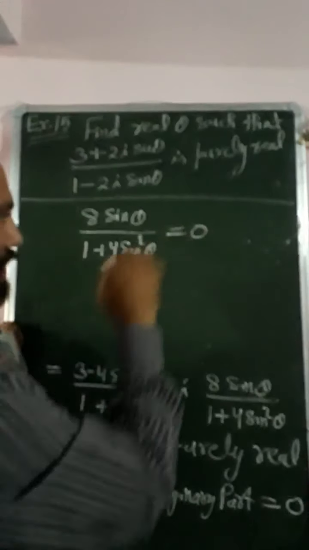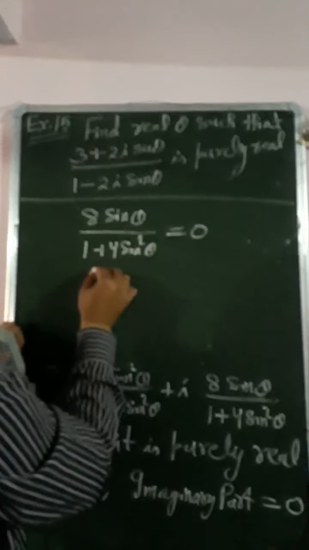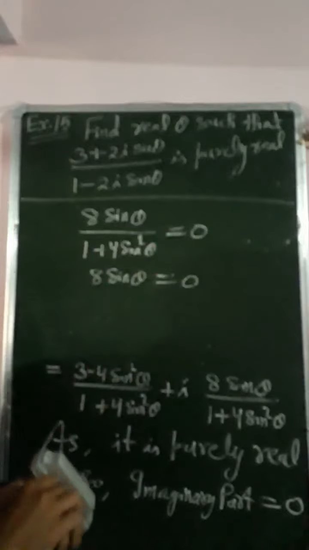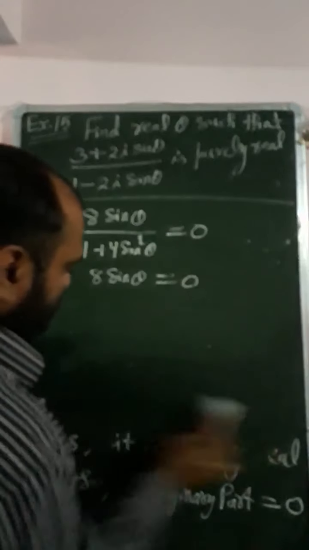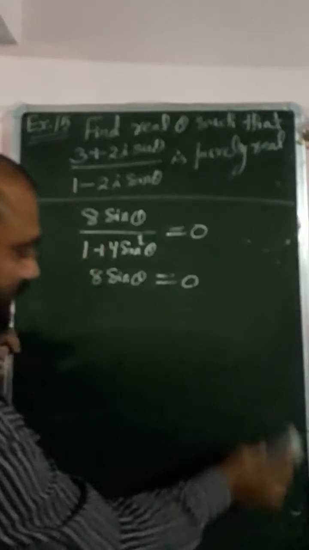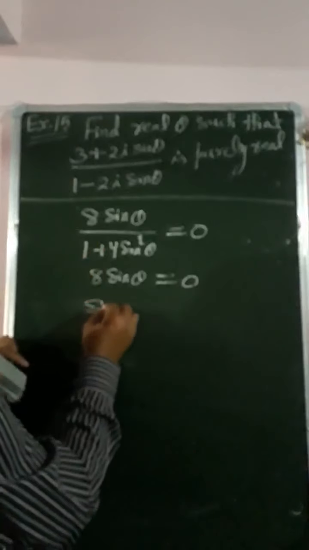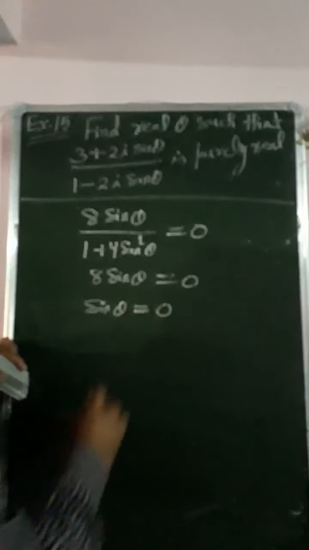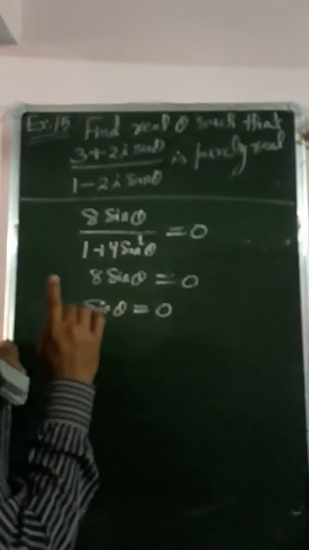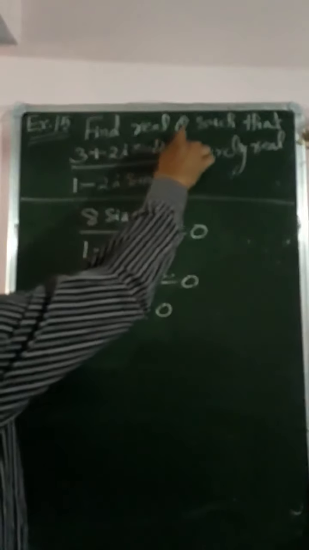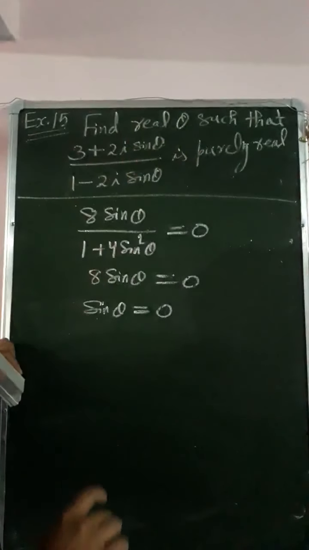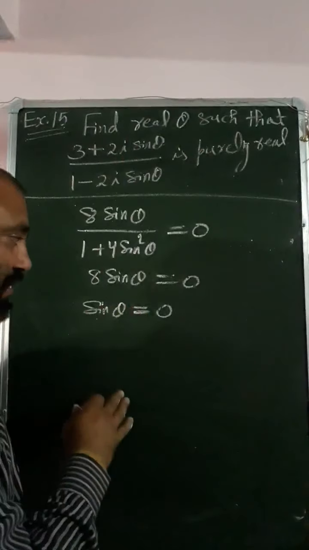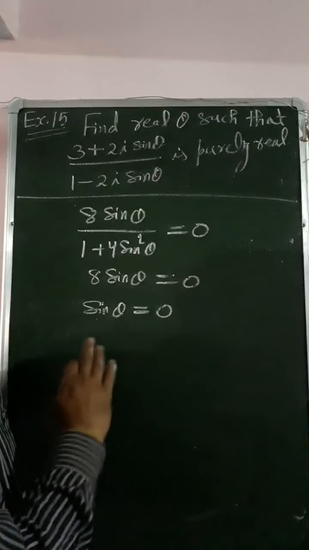By cross multiplying this, we get 8 sin theta equal to 0, right? And we have sin theta is equal to 0, right? Now find real theta means you have to find all the values of theta for which this sine is 0.